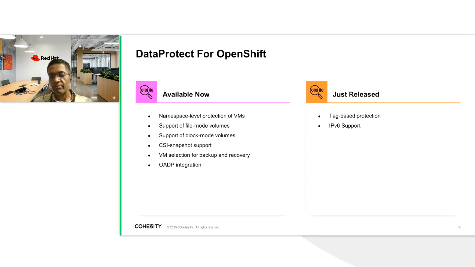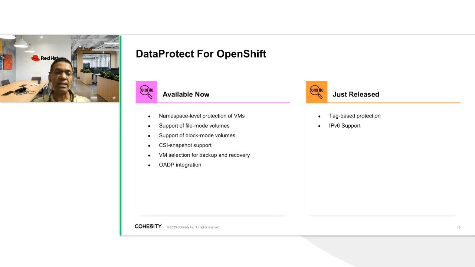So that looks great from an architecture perspective, but what about our feature set and how does that relate to OpenShift virtualization? I'm absolutely excited to share that on the left side is information about the features that came out earlier in the year. We were pleased to showcase some of these at the Red Hat Summit.